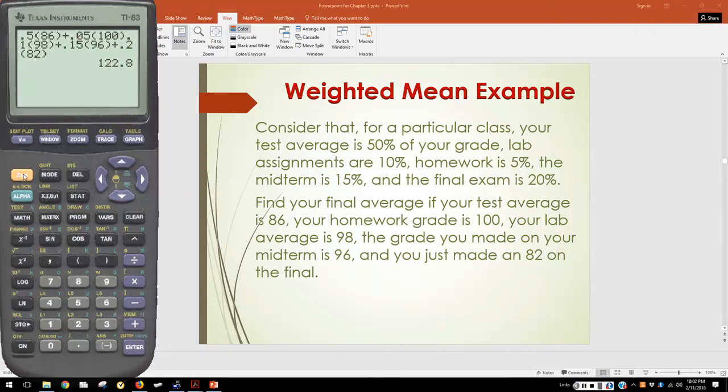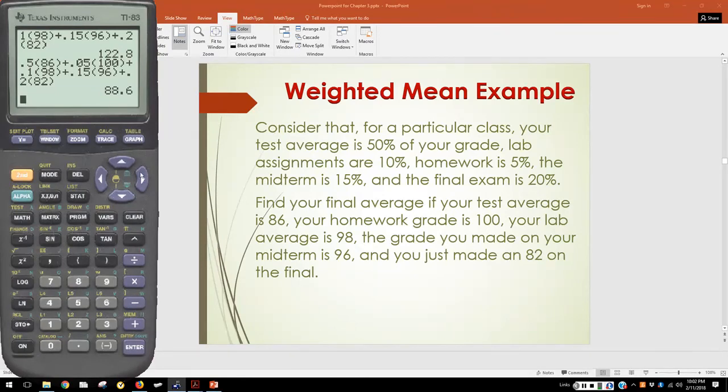I see the error. I'm going to repeat the calculation and show you where I messed up. So that should have been 0.05 times 100 plus, not times, 0.1 times 98. And your weighted average is 88.6.